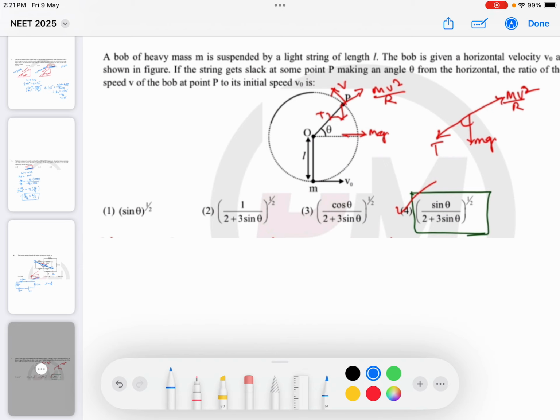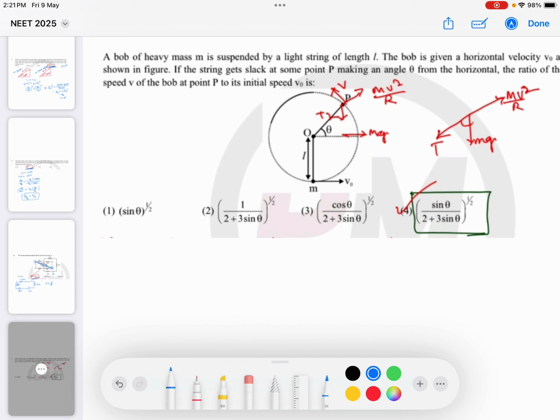The ratio of speed of the bob at the point R, initial velocity is V0. So I am taking the point P. Linear velocity is existing, tangential you can take that one. In the inward direction there is tension acting. In the downward direction, body weight is acting. In the outward direction, centrifugal force is acting, that is mv square by r.